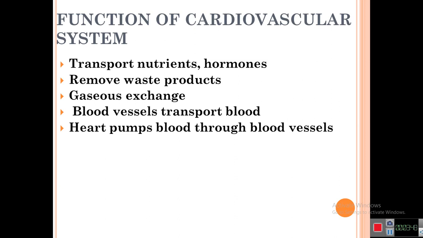It also helps in gaseous exchange. It carries oxygen for respiration and in return carries deoxygenated blood from the body parts for oxygenation. The blood flows in a closed tubular system, which is called closed type circulation. The organ which pumps the blood into the blood vessels is the heart.